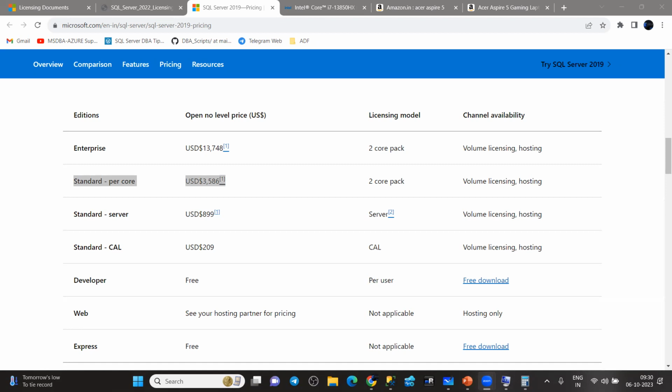So what we will do is route that case to the volume licensing team. There is a separate team Microsoft maintains only for licensing purposes. That team is called the volume licensing team, and they know your licensing in and out.